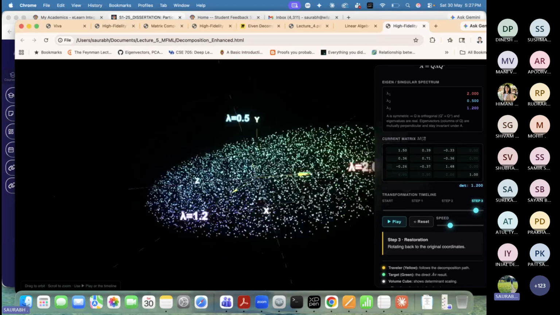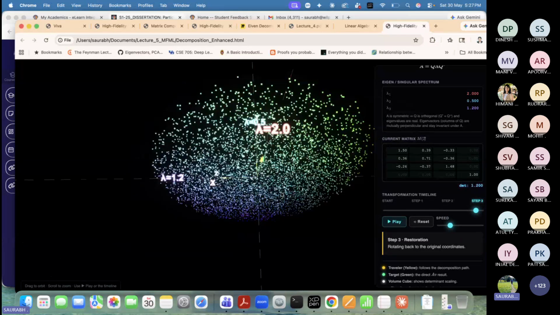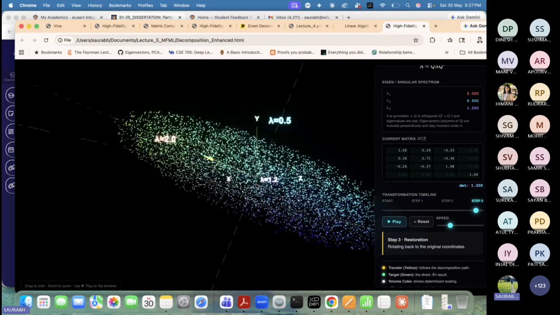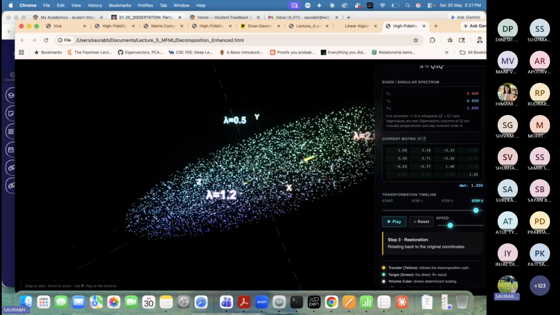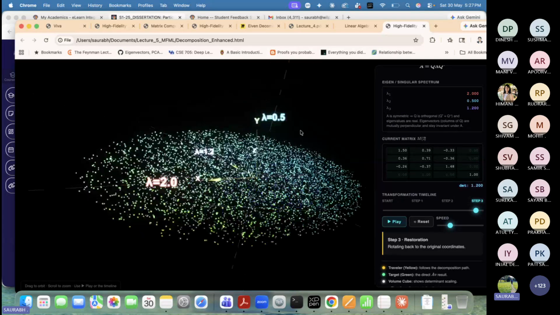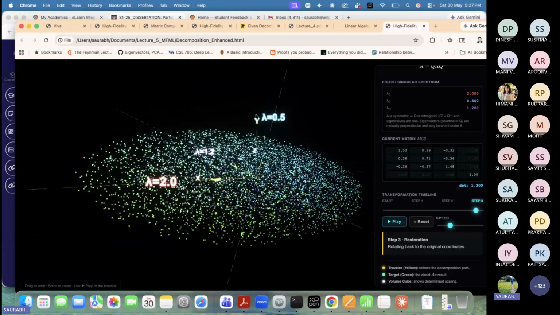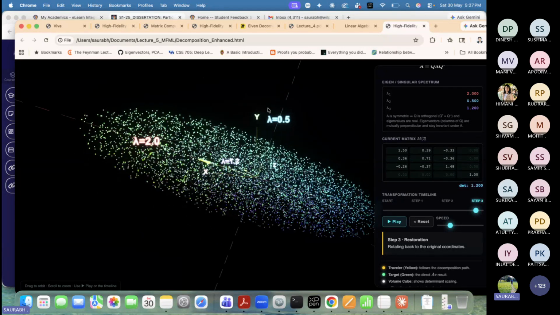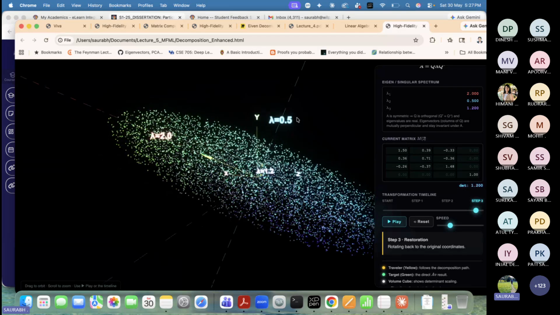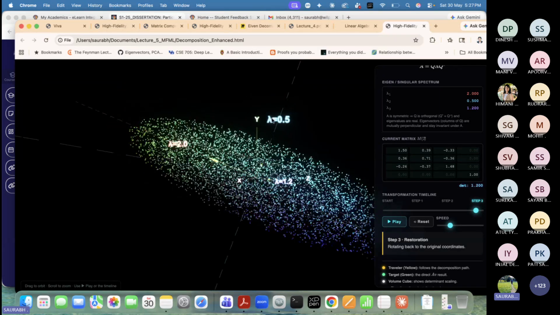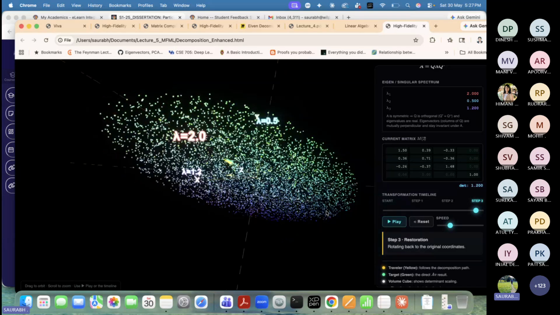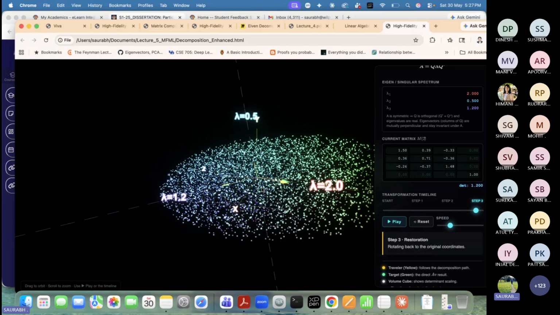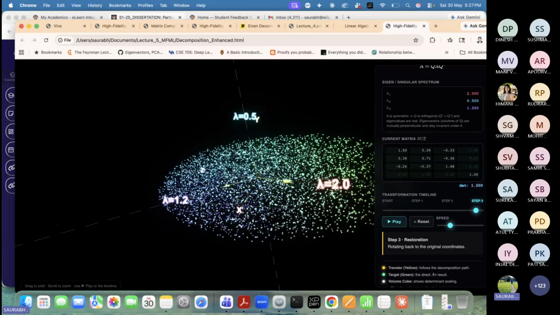You are able to see, because of rotation, scaling, and rotation, your three-dimensional space has almost got squeezed into two dimensions, because one of those eigenvalues is equal to 0.5. If this eigenvalue had become almost 0, this entire space would have got compressed into two dimensions, something like this.